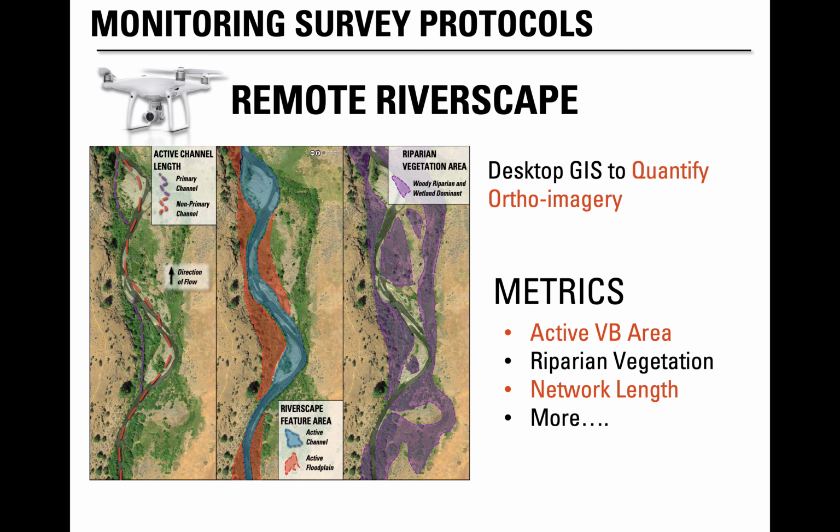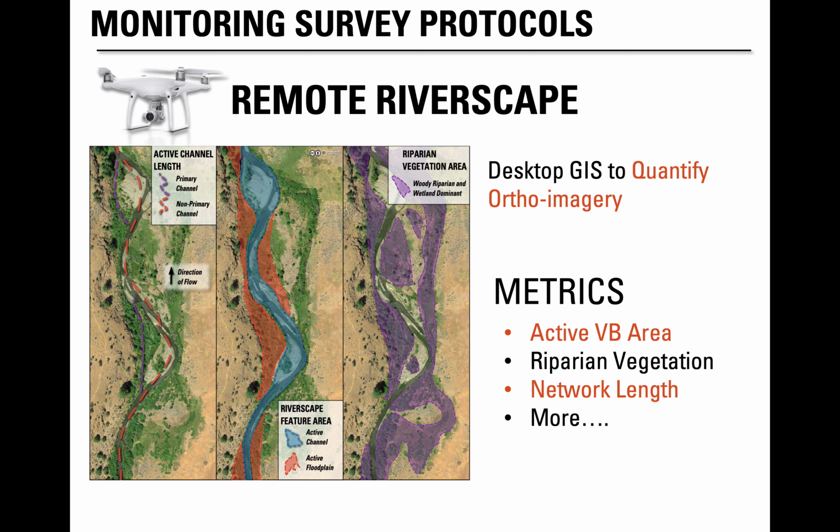So the last survey built into the protocol is being referred to as the remote riverscape survey. So this is a protocol designed to consistently quantify riverscape features based on ortho imagery. So this could be imagery that you capture with a drone, or it could be imagery that's free and readily available.